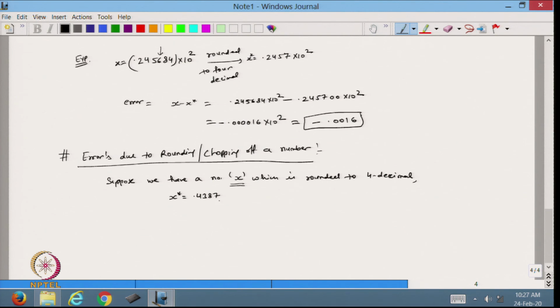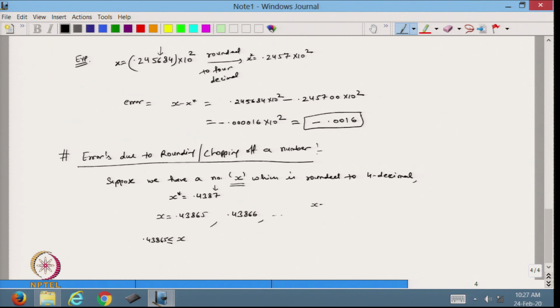So, in this case, here it is 7. So, I can say that x can be 0.43865, it can be 0.43866, like this one. So, in this case I can say that my x is always greater than or equal to 0.43865. Now, what is the largest number?